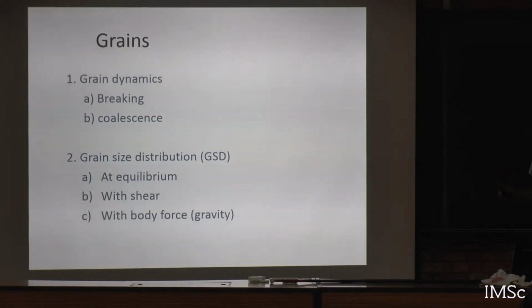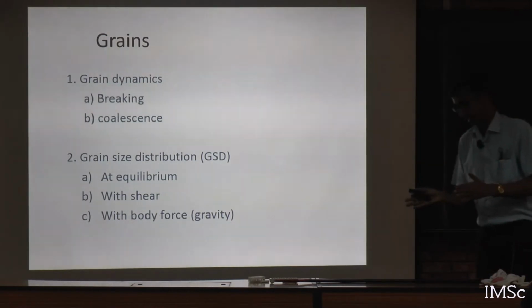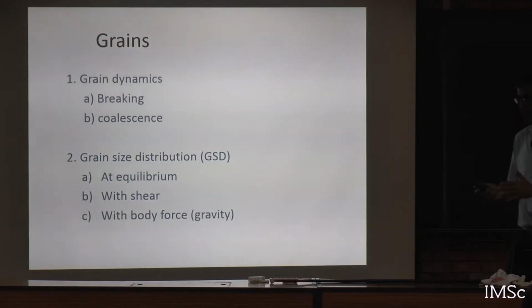Okay, so now I will come to a little more in-depth analysis of the grains. First we will talk about grain dynamics, the different things that you see because you apply shear. When you apply shear, compared to the case of equilibrium where grains adjust just by diffusion, which is temperature driven, here you are moving the walls, so lots of defects are coming in, so you expect a lot of activity here, and you do see enhanced breaking and coalescence.